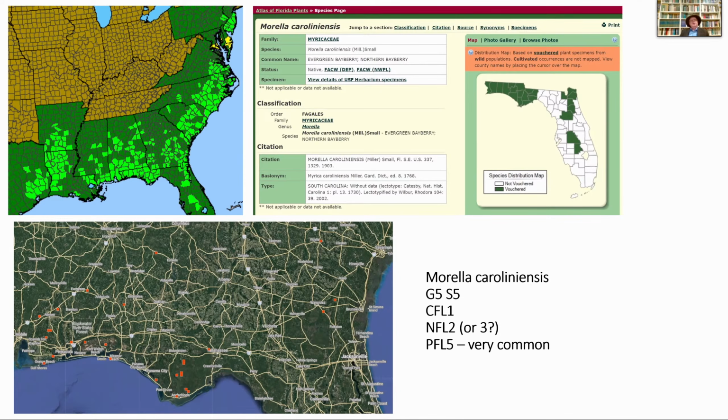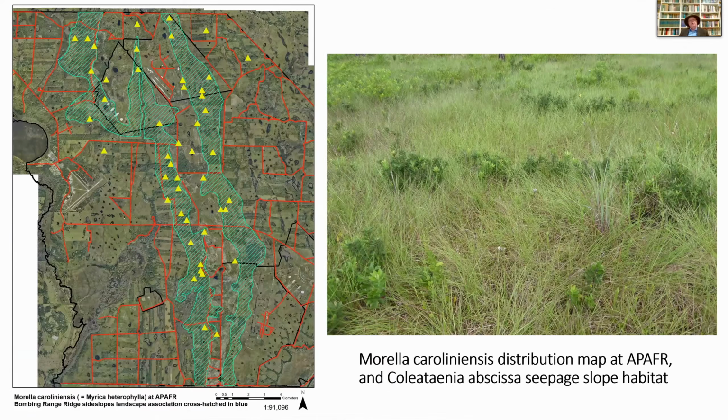This is showing, for that southernmost part of the Morella caroliniensis range, the yellow triangles show its occurrences on Avon Park Air Force Range, with the crosshatch area being the landscape association of Bombing Range Ridge seepage slopes and the seepage slope landscape of the side slopes of that ridge. And a typical occurrence there, where it's occurring within cutthroat grass seepage slopes.